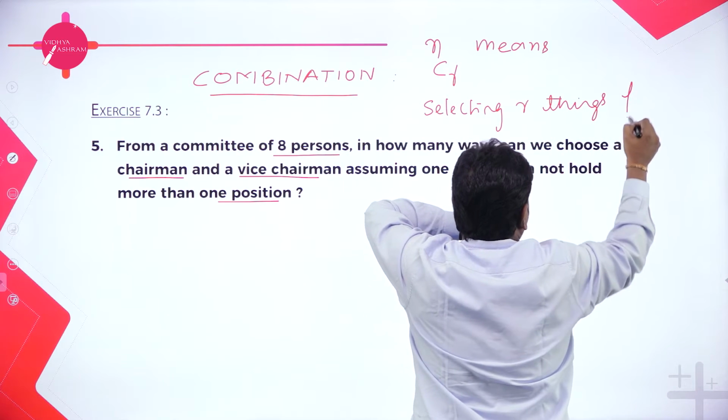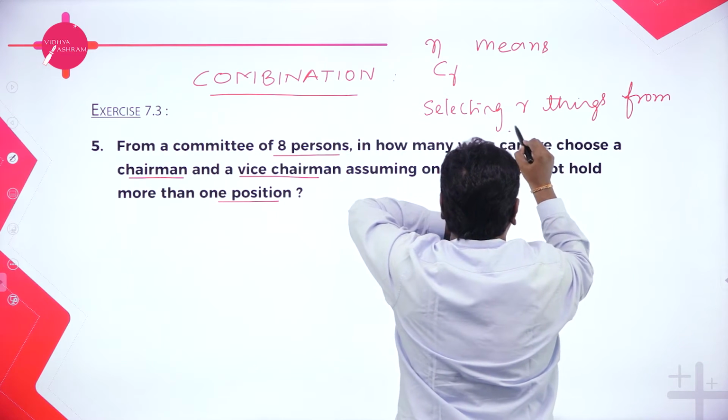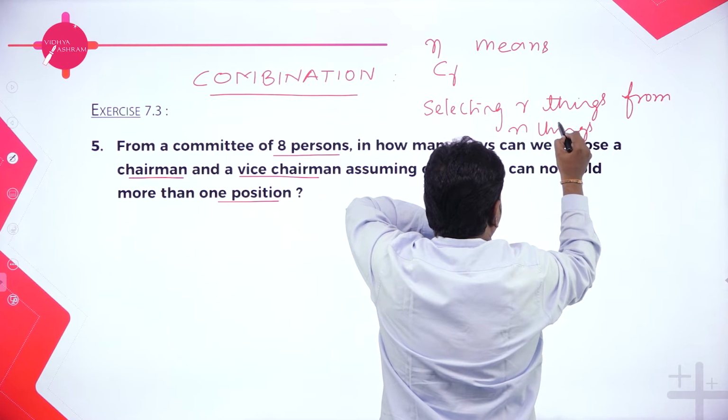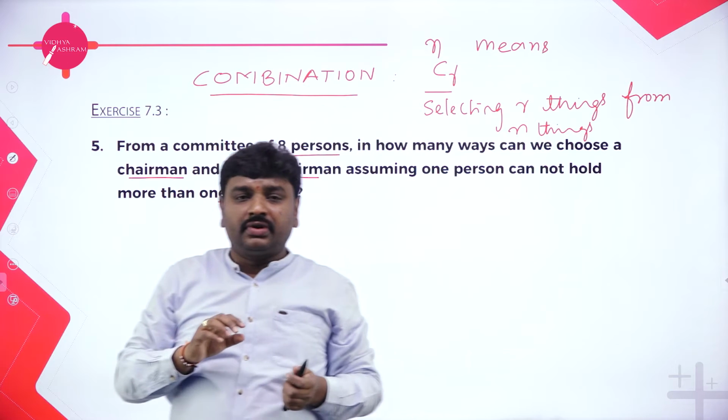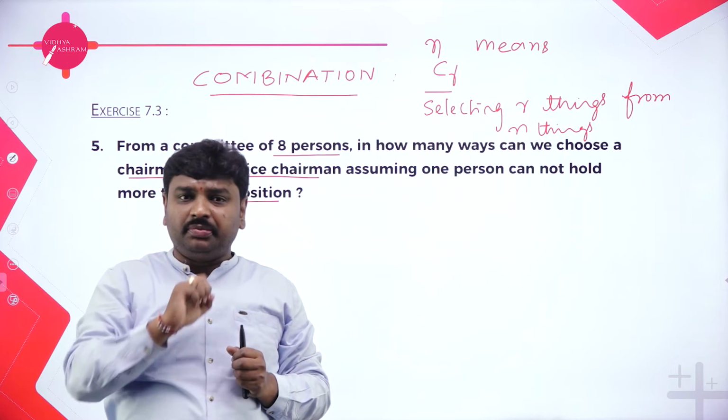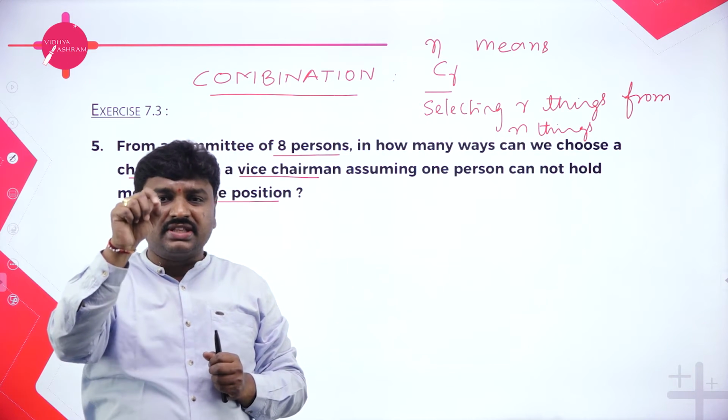So from n items, I can select r items using the formula nCr.